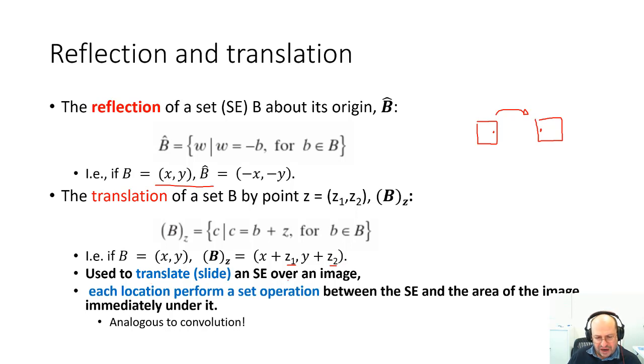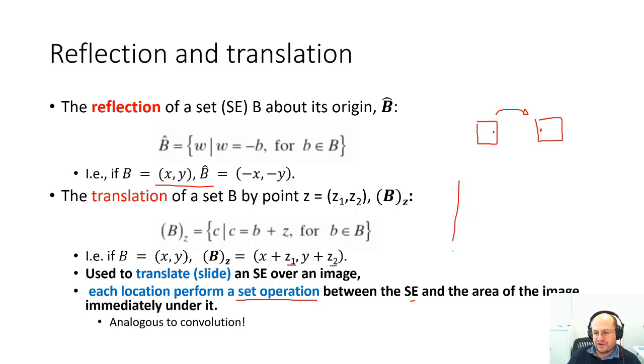Or translate or slide the structuring element over the image, and at each location where this structuring element is overlapping with the image, we do a set operation. That's why it's not a convolution, because we're not doing the sum of multiplications, but we're doing a set operation between the structuring element and the area of the image immediately under it.